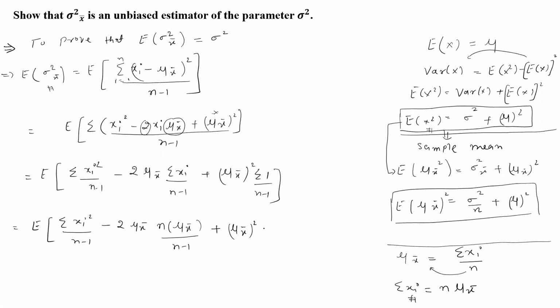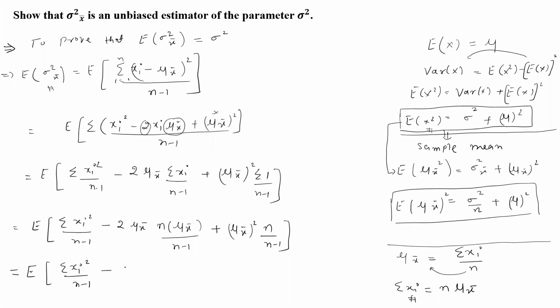So this will become n here. So this will be n divided by n minus 1. If at any step you have a doubt, please let me know. All right.